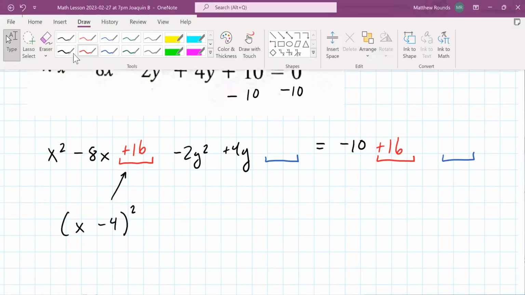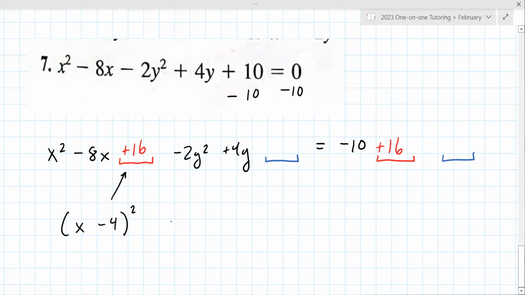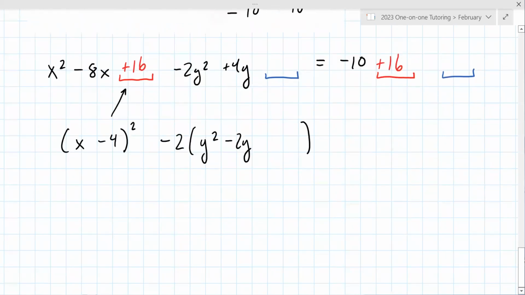There's many different ways to do the completing the square with the coefficient in front. I like to factor it out. Right. I factored out the -2 from both of these, and then also from this one. So it means an extra line of work, but I feel like it's more doable this way because it's like the ones we've been doing.